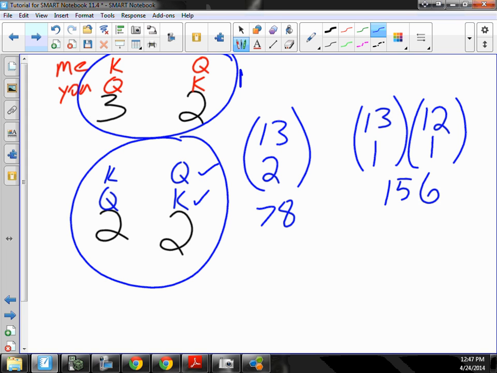So is it going to have more or less possibilities than the other one? This one is going to have more because order matters. This one is going to have less because order does not matter. Right? King, queen, and queen, king are equal. But up on the top, king, queen, and queen, king are not equal.